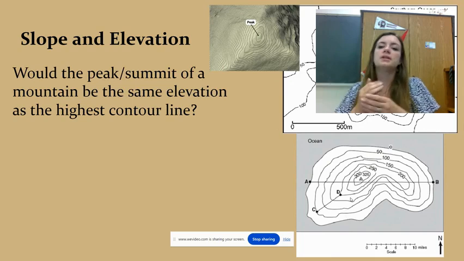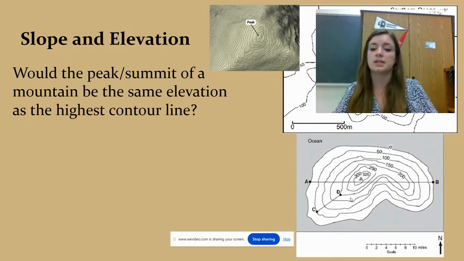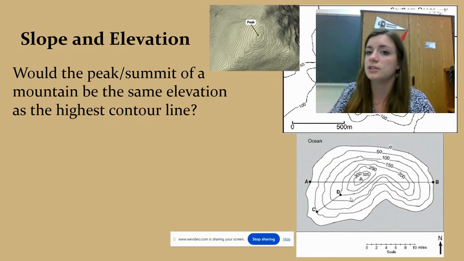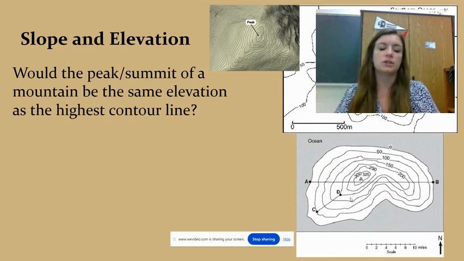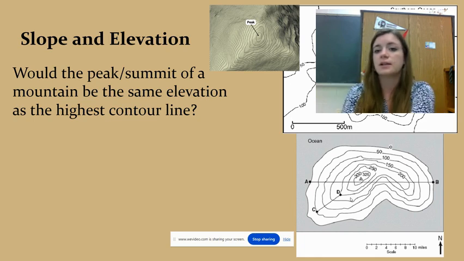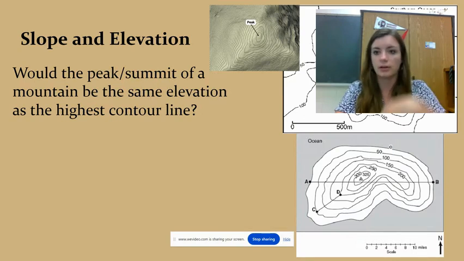All right. Sometimes, actually a lot of times, they'll give you a question and ask you to identify what the peak elevation is on a mountain. We've already talked about this, right? If we have land that is not on a line, it's not going to be equal to that line's value.